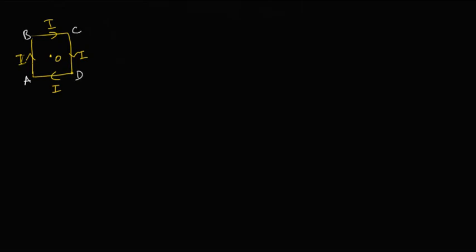The magnetic field due to this AB length is going into the plane, that is, the sense of the magnetic field is cross, and the magnetic field direction due to this BC wire is again cross, and again due to CD wire is cross, and DA wire is cross again.